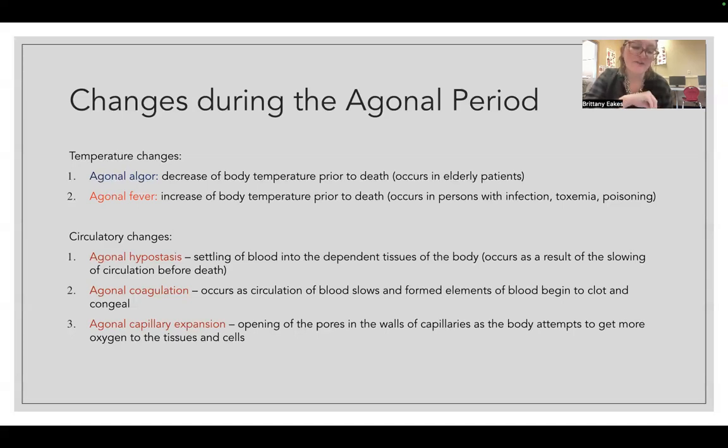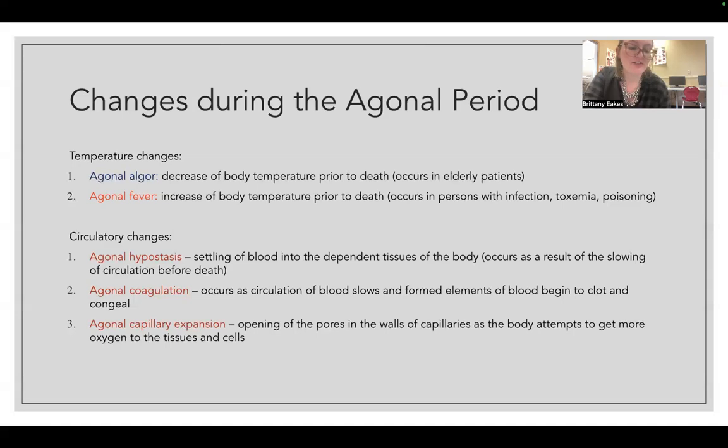An agonal fever would be an increase in the body temperature before death. This is seen in people that have infections, toxemia, blood poisoning, and if that person is dying from ingestion of a poison. So elevated temperature with agonal fever also stimulates microbial growth.